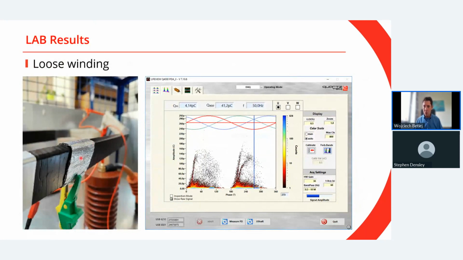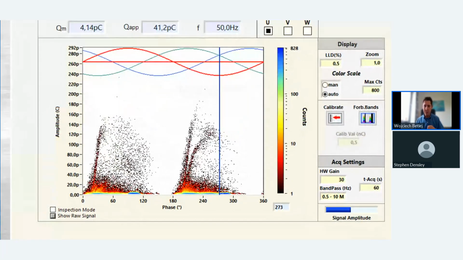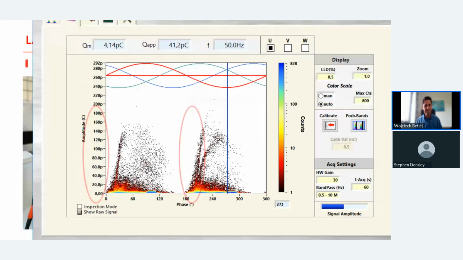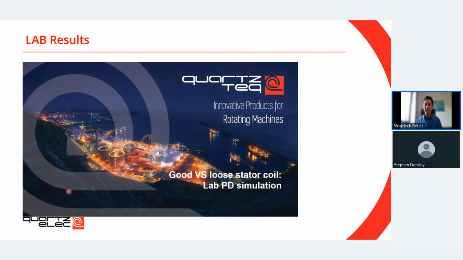With the loose slot, what we can see from measuring partial discharge is the slot discharge. The way to recognize using our system that partial discharge is taking place in the slot section is the nearly 90 degrees PD line and that curve that you see here, similar to that seen in the SIGRE report.